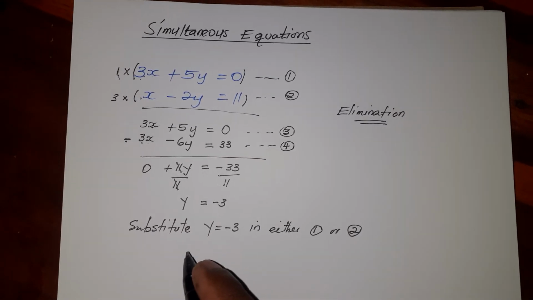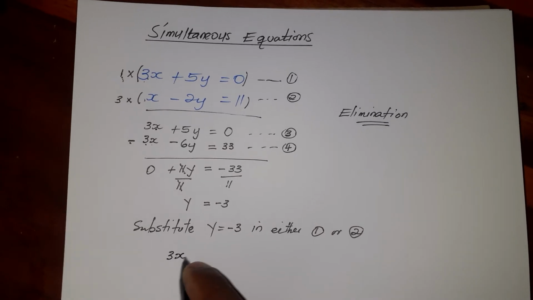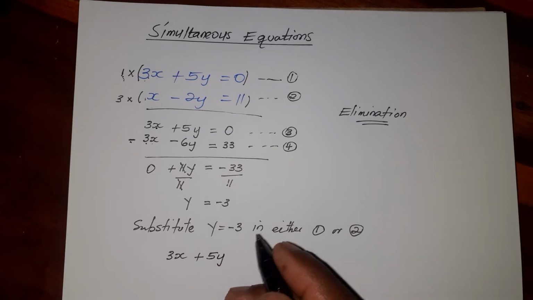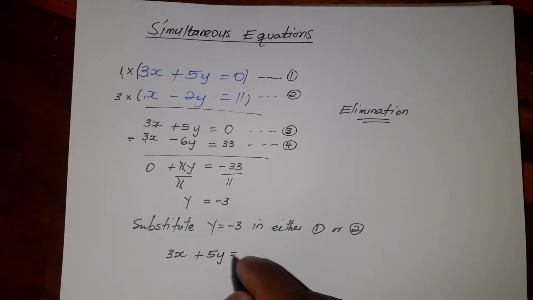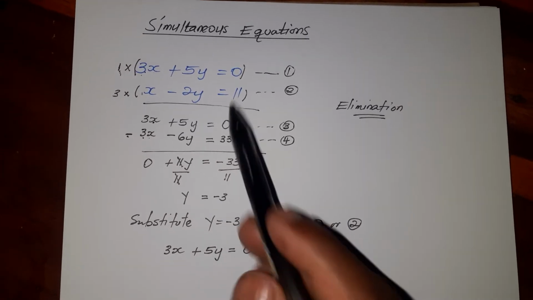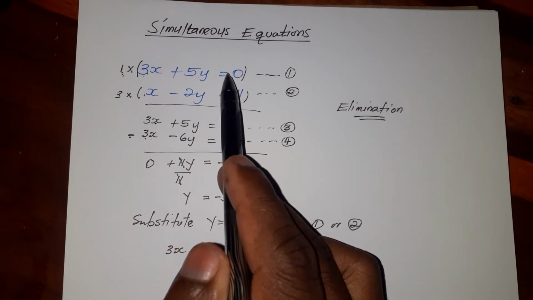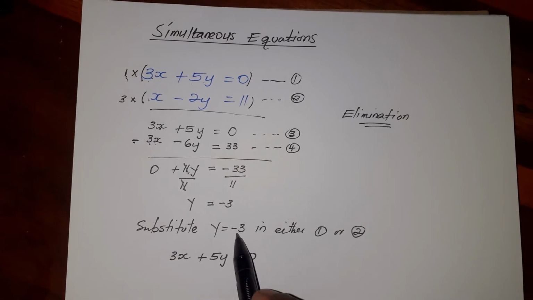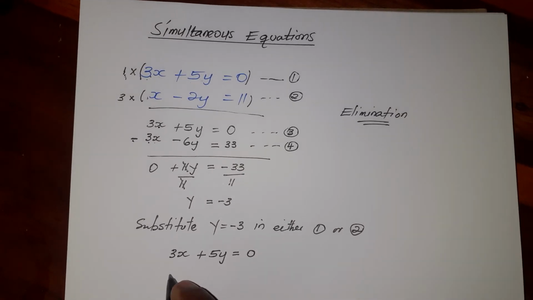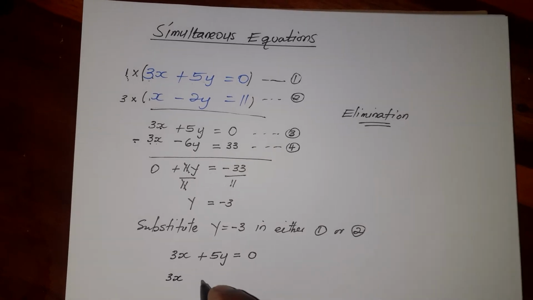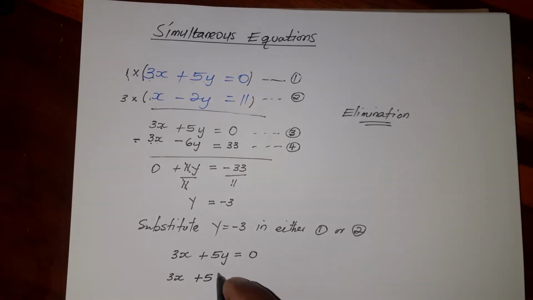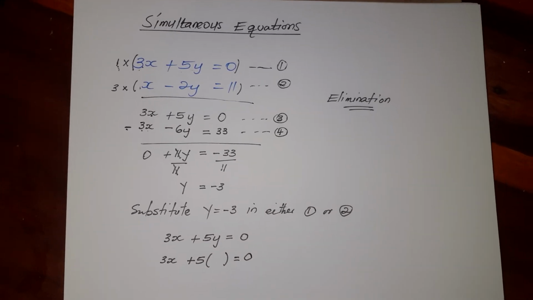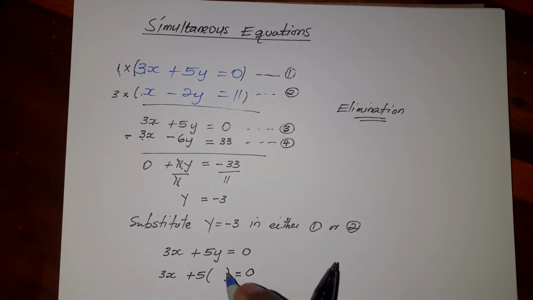We rewrite equation number 1: 3x plus 5y equal to 0. And then in the place of y, I'll put in negative 3. Now here I'll write 3x plus 5, in the place of y, I have to put in negative 3.